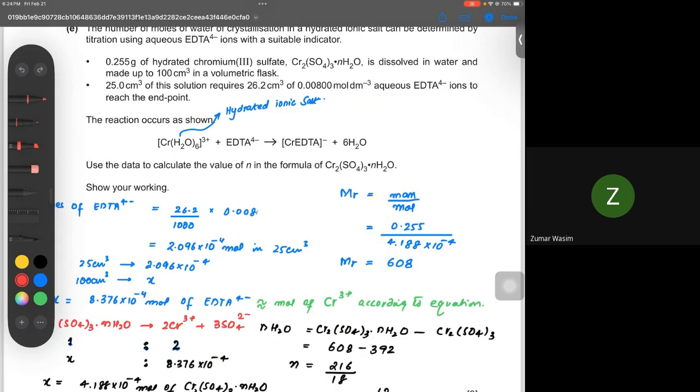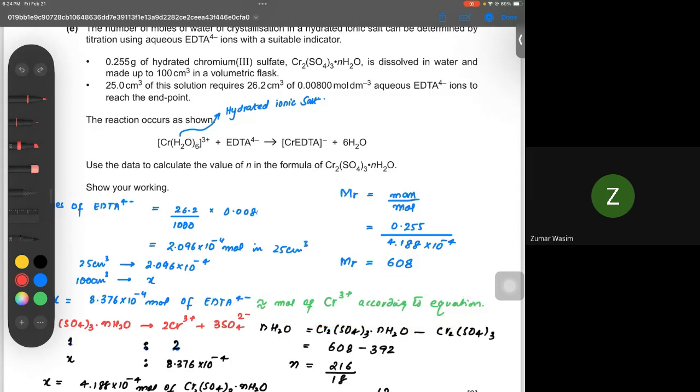So this is the number of moles of EDTA4- in 100 cm cube of solution. According to the equation, the number of moles are the same between EDTA and chromium 3+, so the mole ratio is 1:1. So this would be the number of moles for chromium 3+ ions.